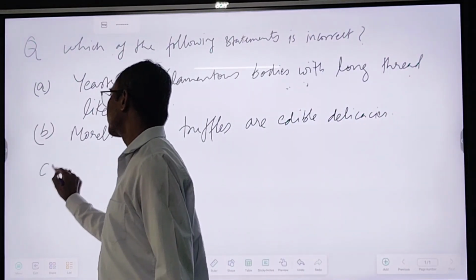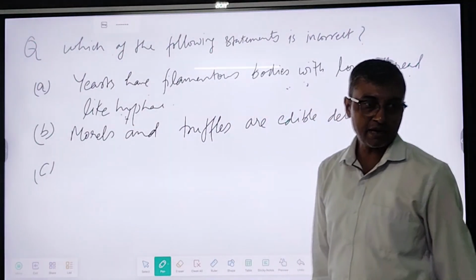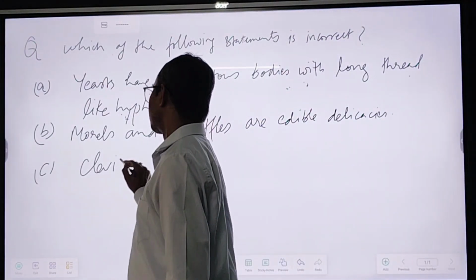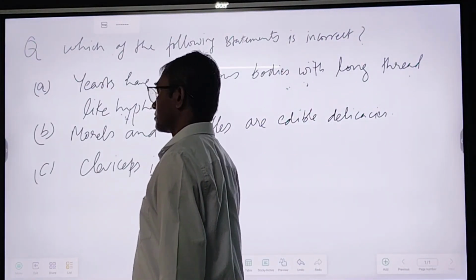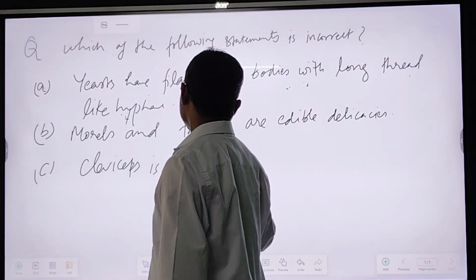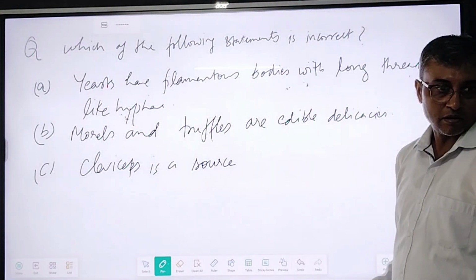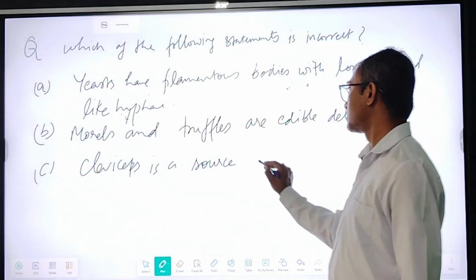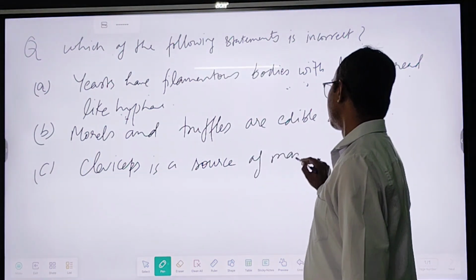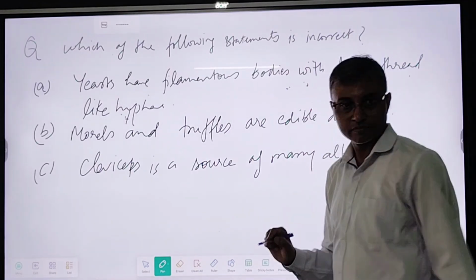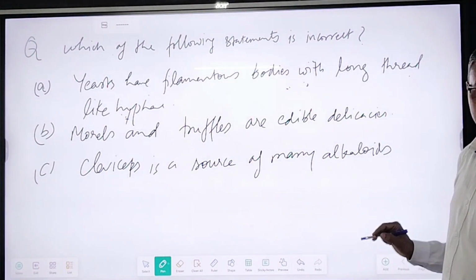The third statement says that Claviceps is a source of many alkaloids and LSD.